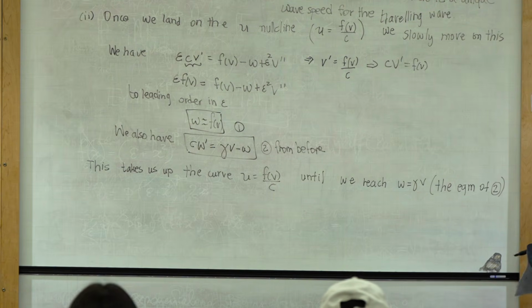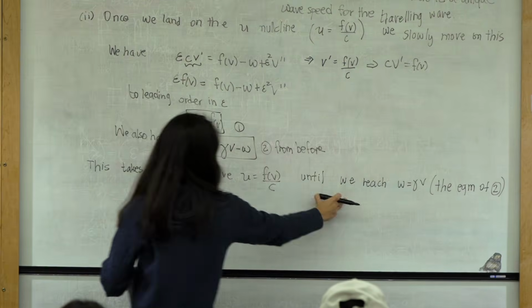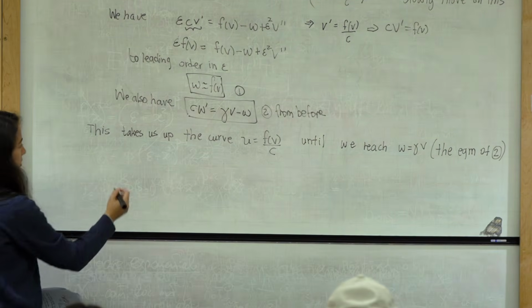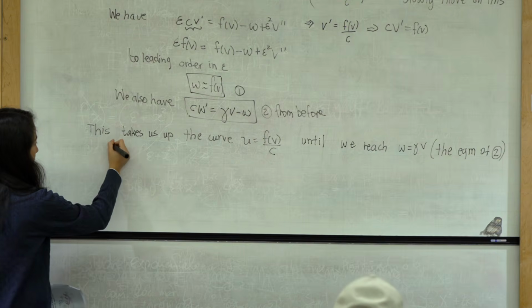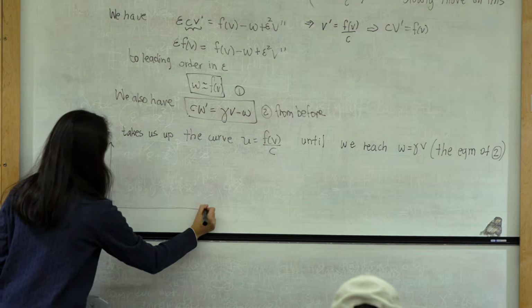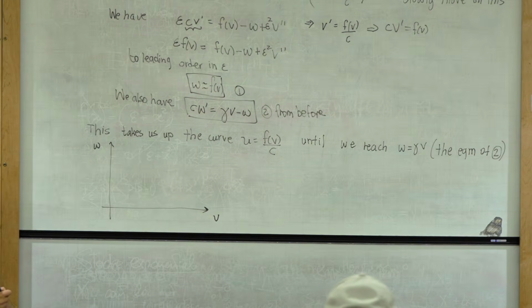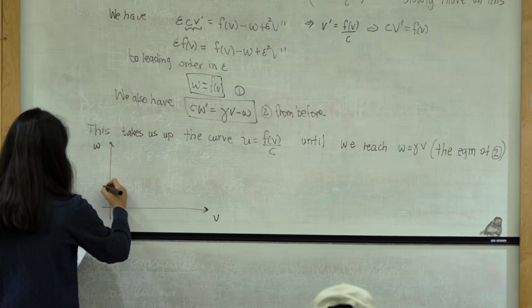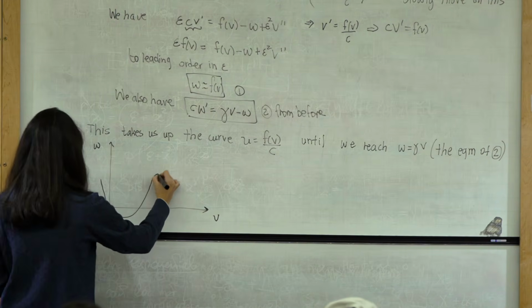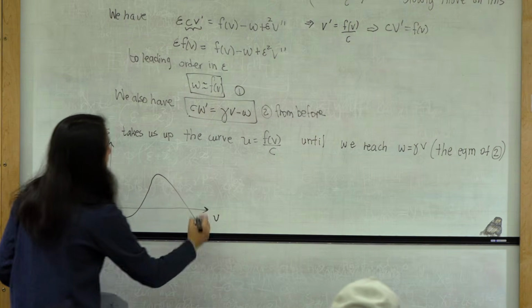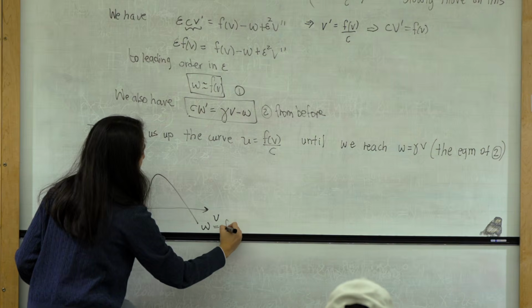Okay, so now we have reached this point. So the picture that you should have in mind is that we are now in the WV plane. And the way this looks is the following. So W is around f of v.